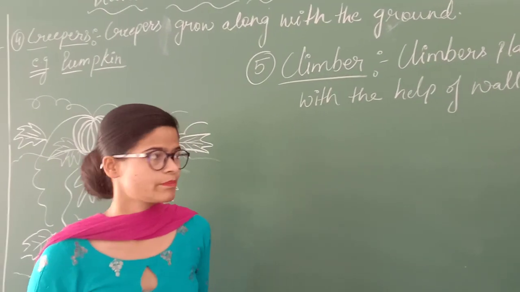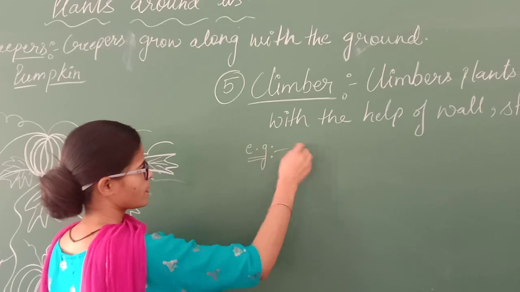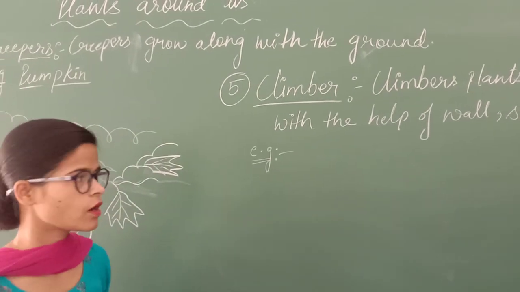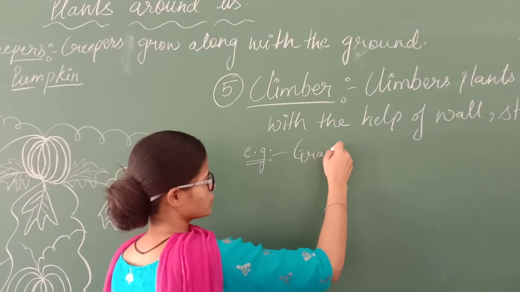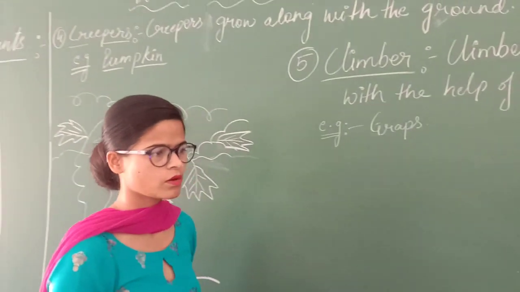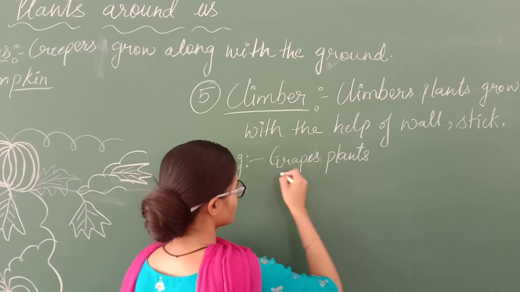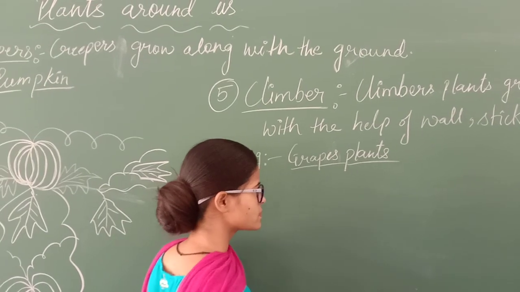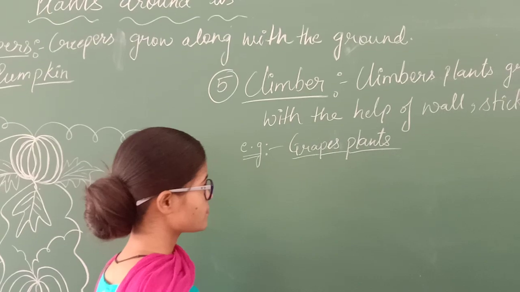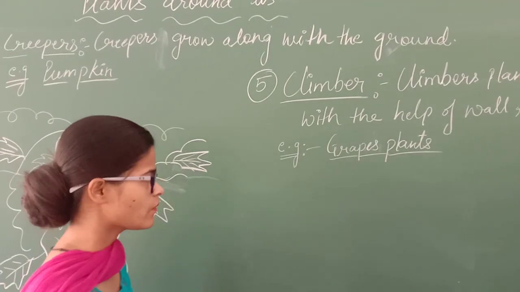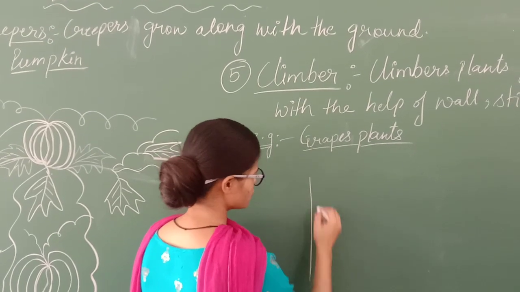Now, for example, you have eaten the fruit of this plant, that is grapes. Okay? Grapes plants. Okay? And you have eaten grapes, and nowadays grapes are also there, right? So we will draw grapes plants, and you have to see how I am drawing, and you have to draw in your notebook also. Okay?